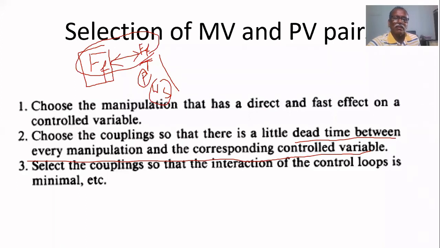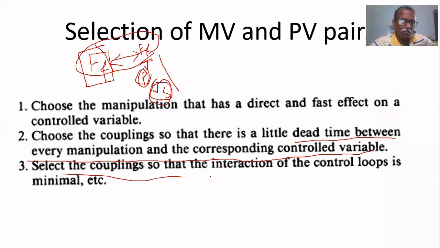FP and FF means not much appreciable dead time. Here there is a lot of dead time, because steam is supplied, then vaporization occurs, then because of the pressure changes the feed flow rate has to change. These are all indirect effects. So we should consider little dead time between every manipulated variable and the corresponding controlled variable.